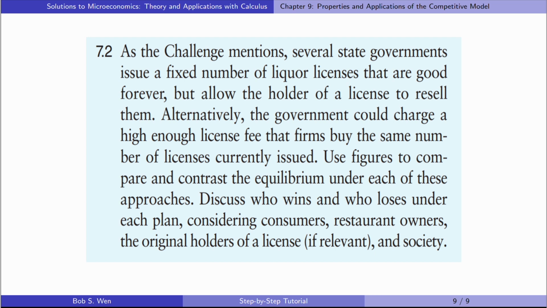Alternatively, the government could charge a high enough license fee that firms buy the same number of licenses currently issued. Use figures to compare and contrast the equilibrium under each of these approaches. Discuss who wins and who loses under each plan, considering consumers, restaurant owners, the original holders of a license, and society.